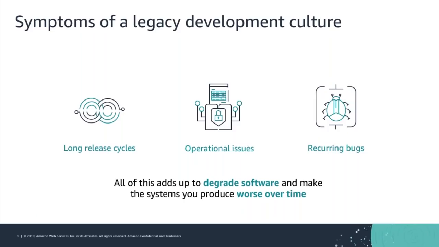So for instance, if maybe Mike was our product owner and he came to us and asked for a relatively simple feature, it's unrealistic for him to wait weeks or even months for that feature to be released. And if you compound that with a lack of confidence from him, maybe because he's seen bugs in the past or other operational issues with prior releases, what you start to see is frustration at an organizational level.